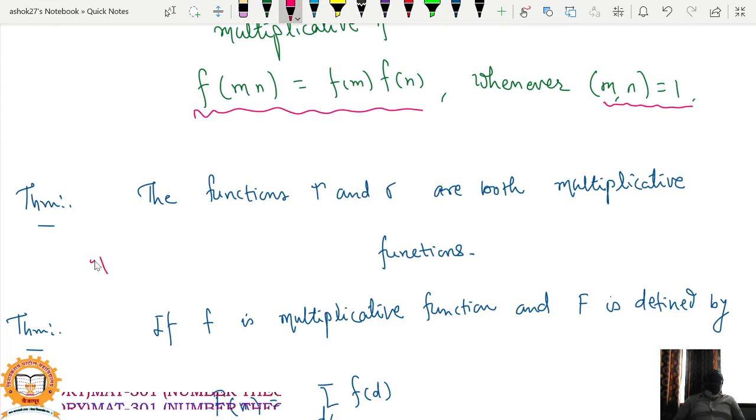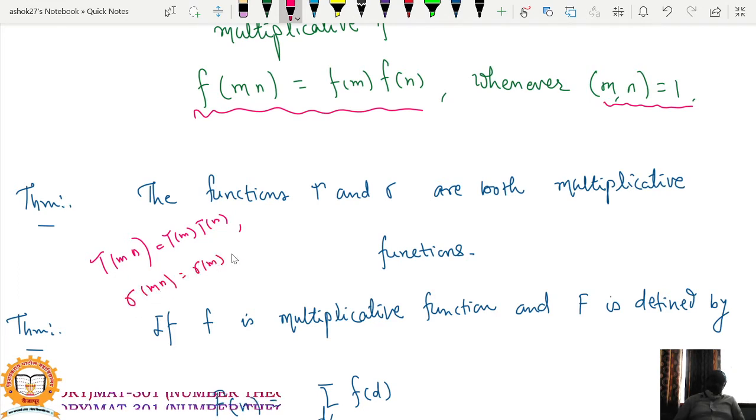That is, tau of m into n equal to tau of m into tau of n. Similarly, sigma of m into n is equal to sigma m into sigma n. So here, GCD of m and n should be equal to 1. So both sigma and tau are multiplicative functions.